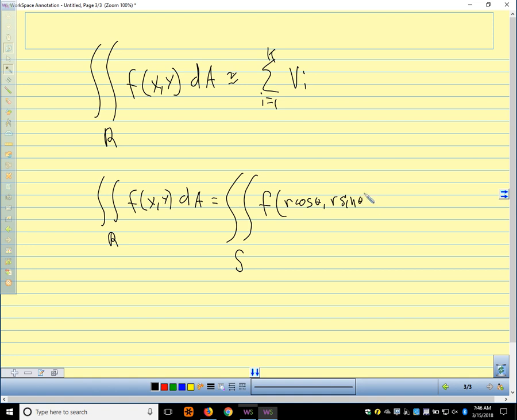So we're writing our function f of xy in terms of polar coordinates, and then we get this quantity r dr d theta in the limit. This quantity r dr d theta is dA in polar coordinates. So in polar coordinates you will always have that quantity r dr d theta. That extra r appears in there because we had to take into account that average radius.